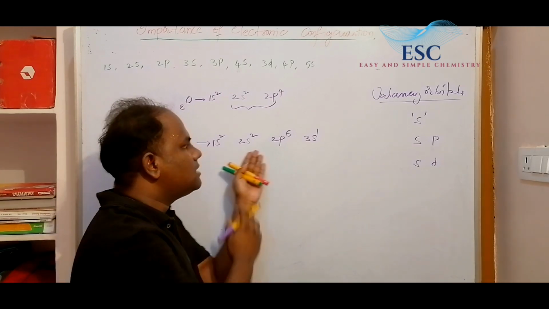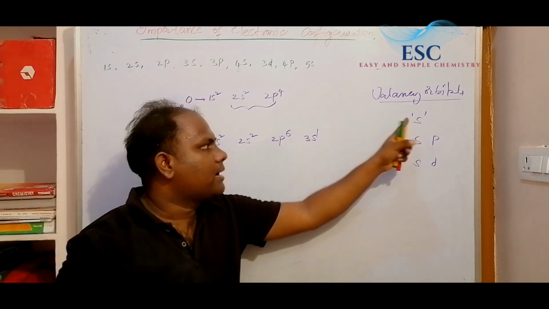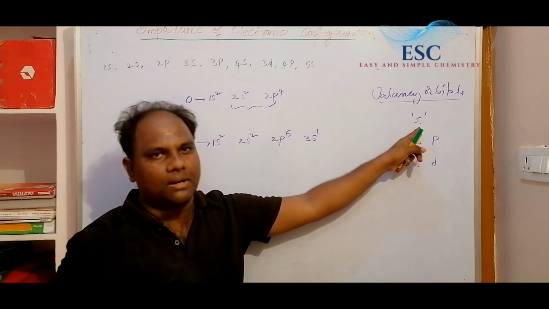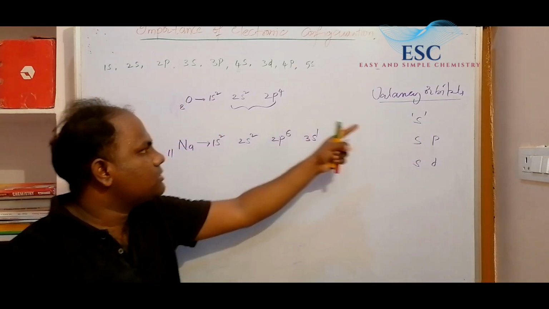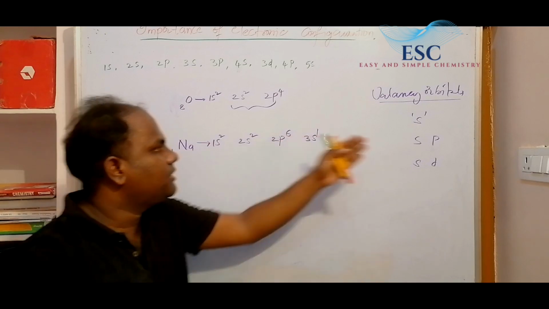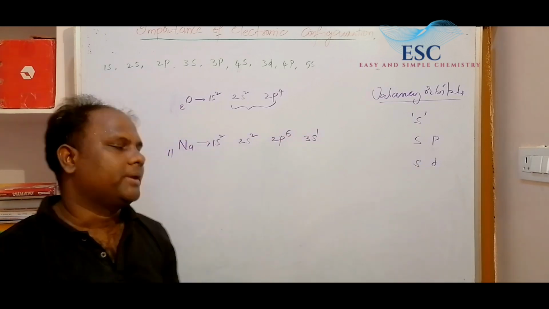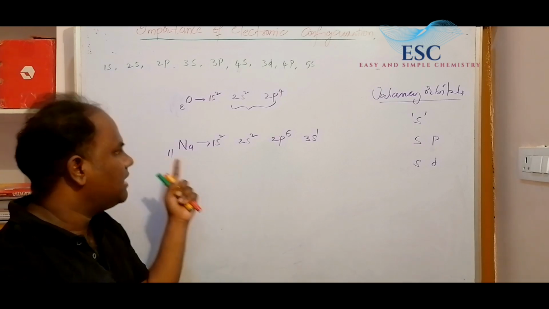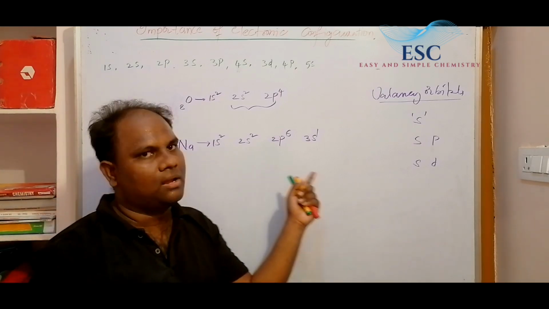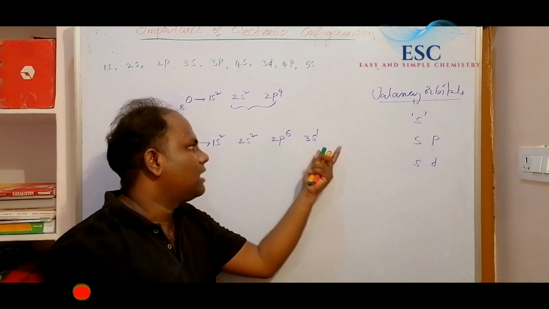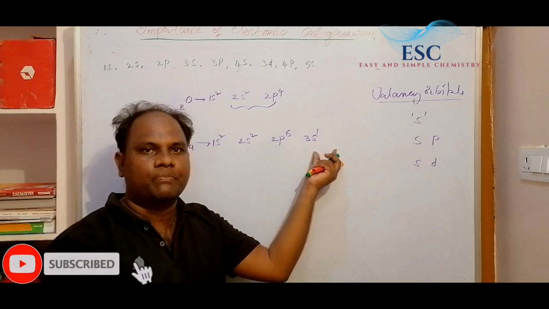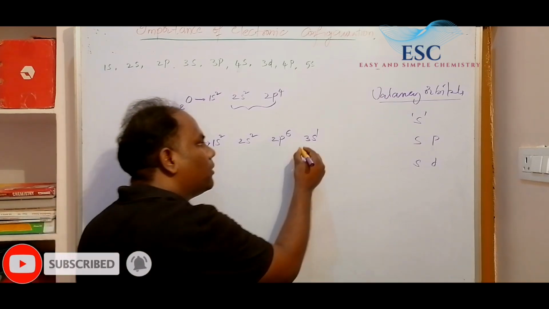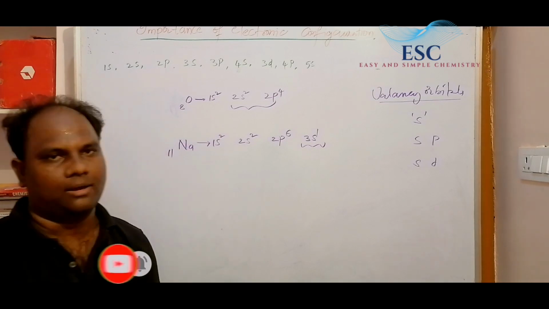Which orbital is the last orbital? s. Where it ends with s, only s is the valency orbital. If it ends with p, both s and p. If it ends with d, both s and d act as valency orbitals. Here the last orbital is s, so s only is the valency orbital.